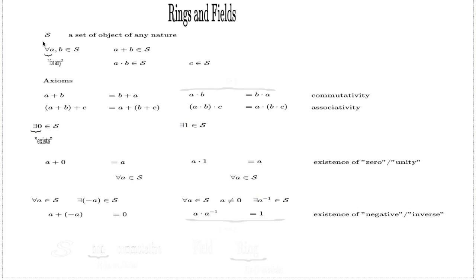If you have a set of objects of arbitrary nature and they match all of these axioms: commutativity axiom for both operations, associativity axiom for both operations, existence of neutrals, 0 and identity, unity, and existence of inverses, additive inverse and multiplicative inverse. In this case, you call your set S a field, or in fact, sometimes people add the word commutative field.